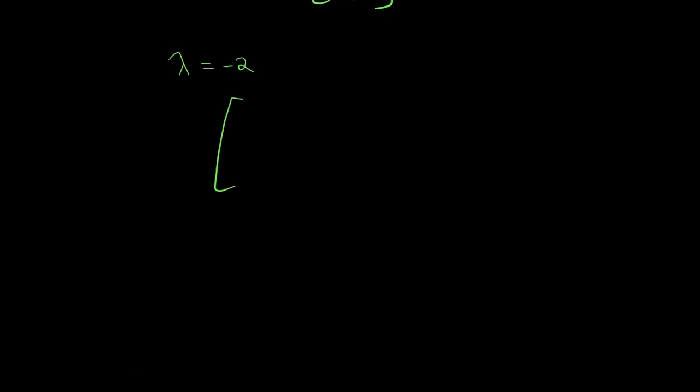So when you do 1 minus negative 2, you get a 3. Because I have a bunch of zeros, that's going to make that first element 0 again. Negative 1, 5, 0. You have 3, 2, negative 2. Alright, so it would be 3, 2, and then negative 2 minus negative 2 is 0.